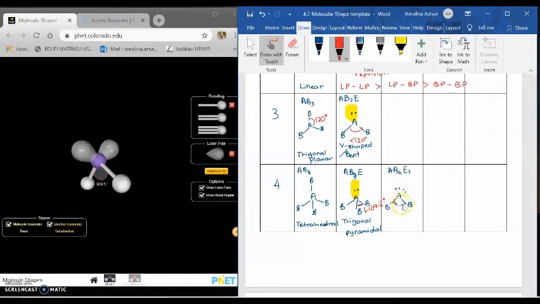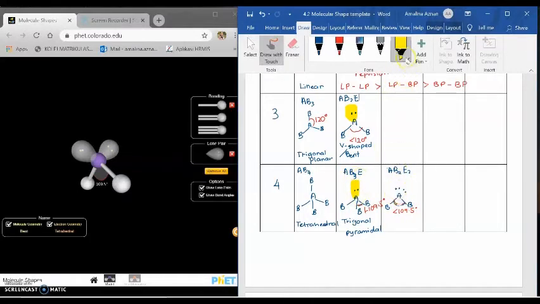It will be less than 109.5 degrees. For your syllabus, you don't need to know the exact value. You just need to know there is repulsion. This is just one lone pair.